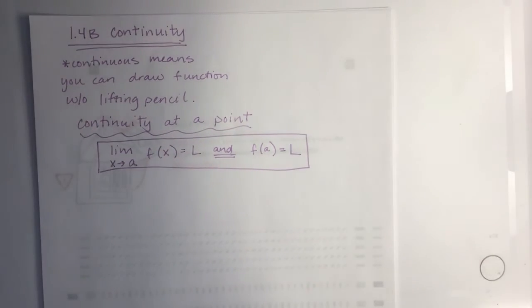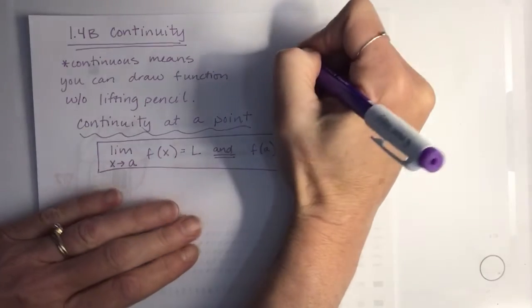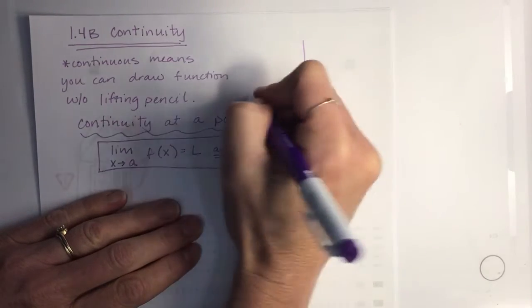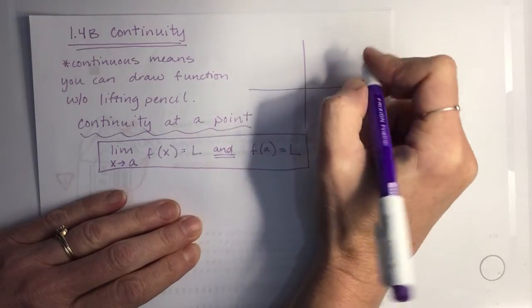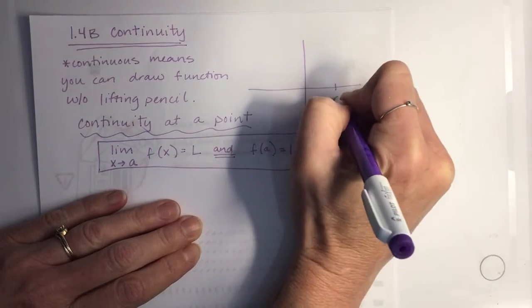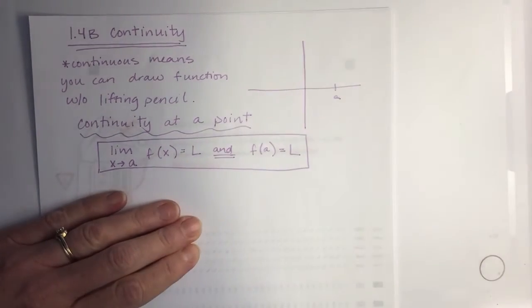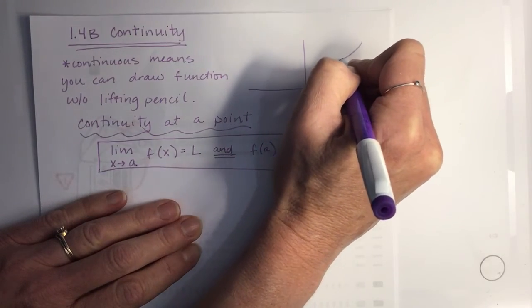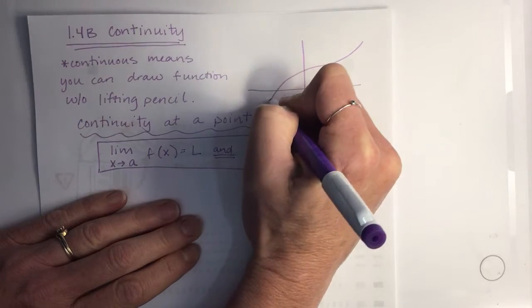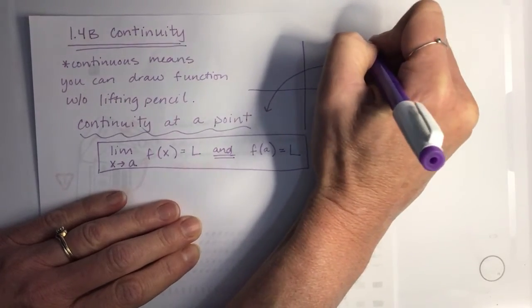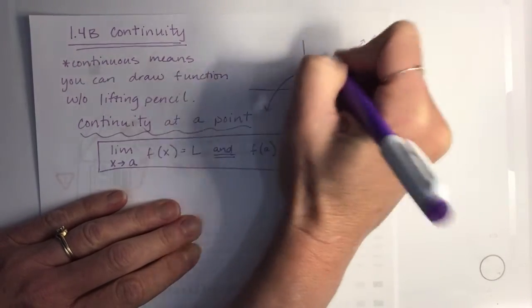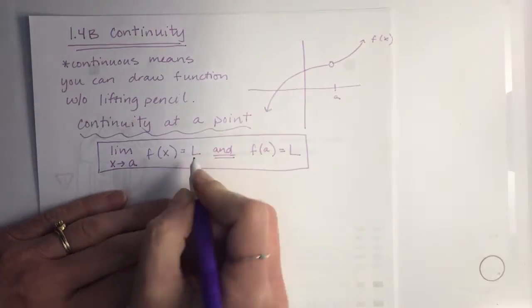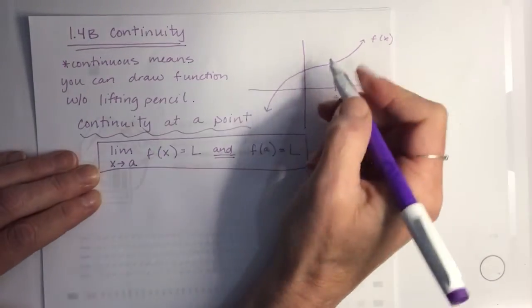Okay, so if we think about this graphically, we've got some graph and a point A, and we're looking at this function, say, this is our f of x. So this left side means that the limit exists.